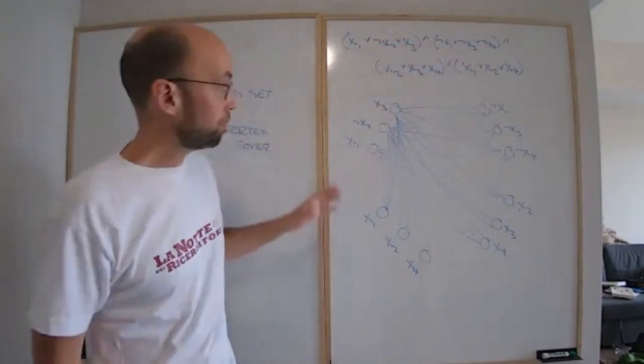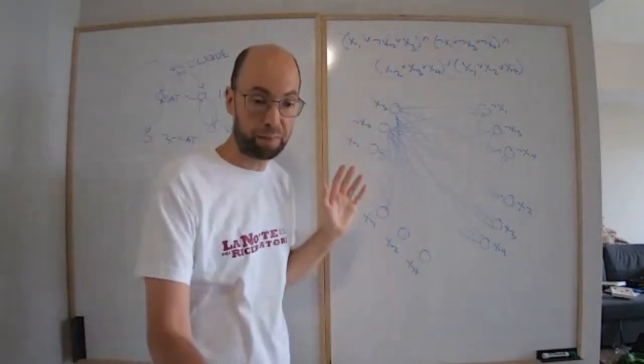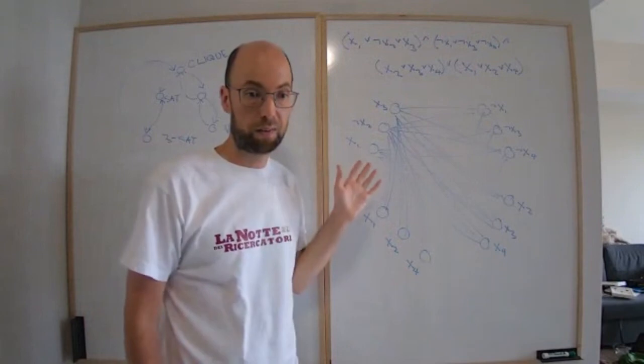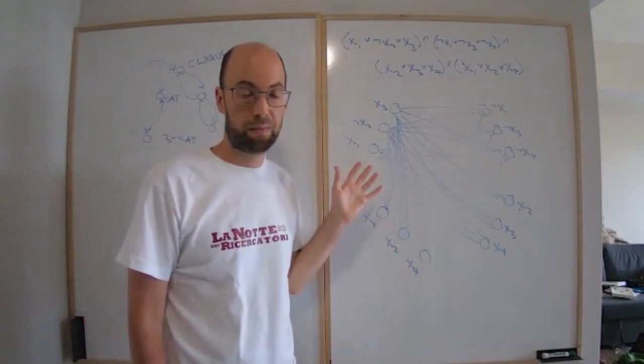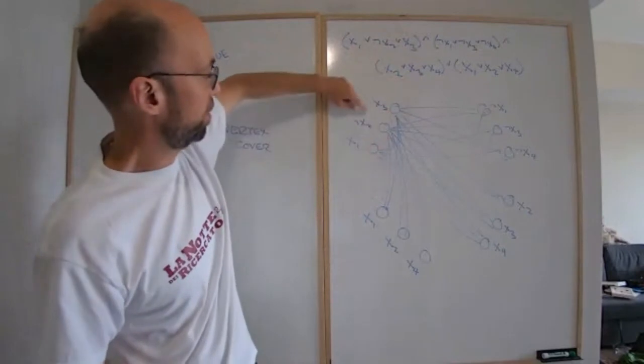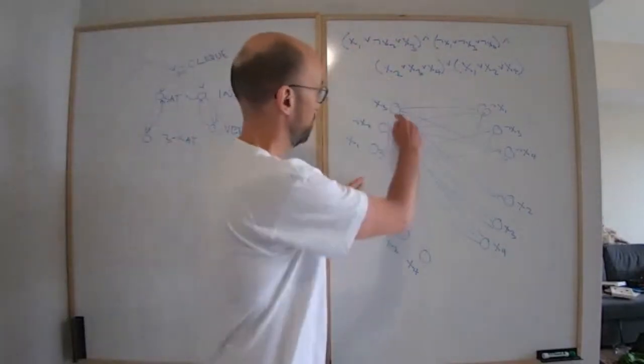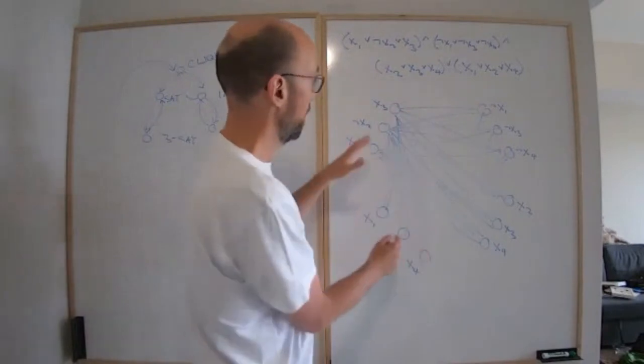Now, when I do all of this, do you understand how to build this graph? For each clause, I write down its literals, and then between the clauses, I put an edge between two literals.